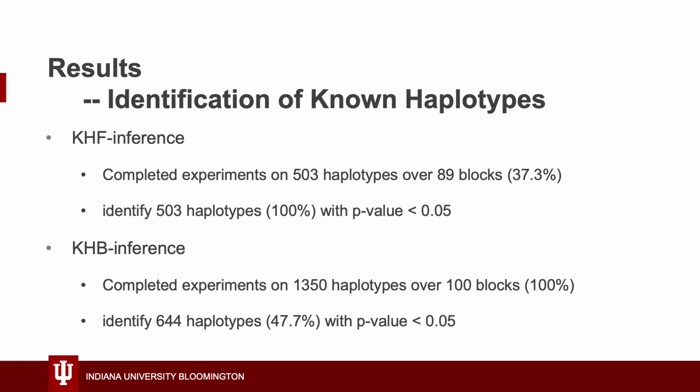We note that we were not able to complete all the experiments in the frequency table because we set the time restriction to solve the linear equations. So when there are too many multiple solutions, we were not able to complete the experiments. But if we are given more time, we could identify more haplotypes based on the current result.